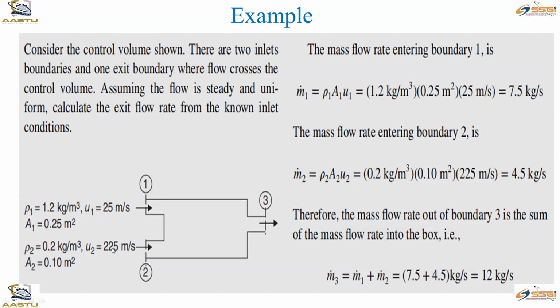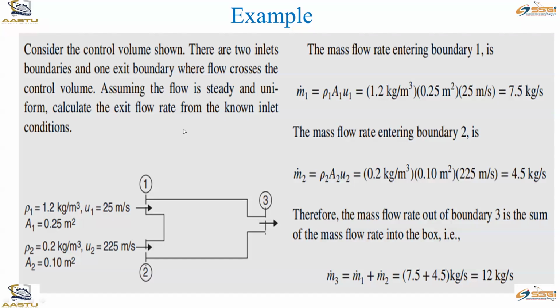Again, the density of the matter entering at this point is 1.2 kilogram per meter cube. This area 1 is given as 0.25 meter square. Similarly, density 2 is 0.2 kilogram per meter cube, and area 2 is 0.1 meter square. So all quantities are given here.